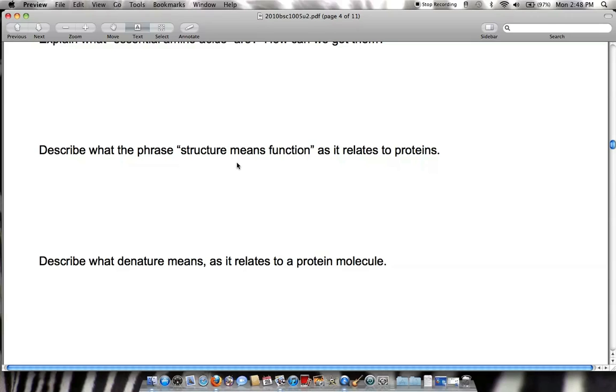If the enzyme is not perfectly structured, then it will not do its job. So you'll have to read more about the structure of enzymes and how they work. Denature.